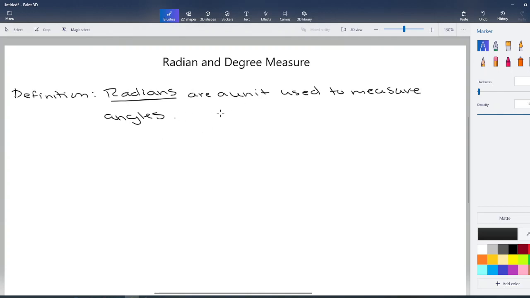They're an alternative to degree measure. Okay, so let's go ahead and look at some common angles in radians.